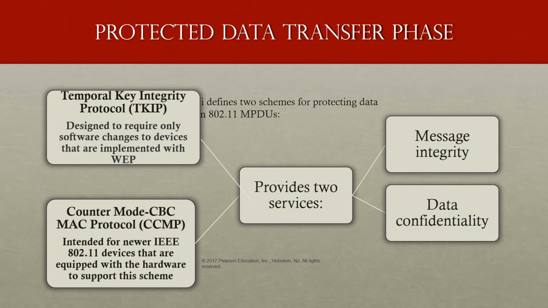Message integrity. TKIP adds a message integrity code, MIC, to the 802.11 MAC frame after the data field. The MIC is generated by an algorithm called Michael that computes a 64-bit value using as input the source and destination MAC address values and the data field plus key material.